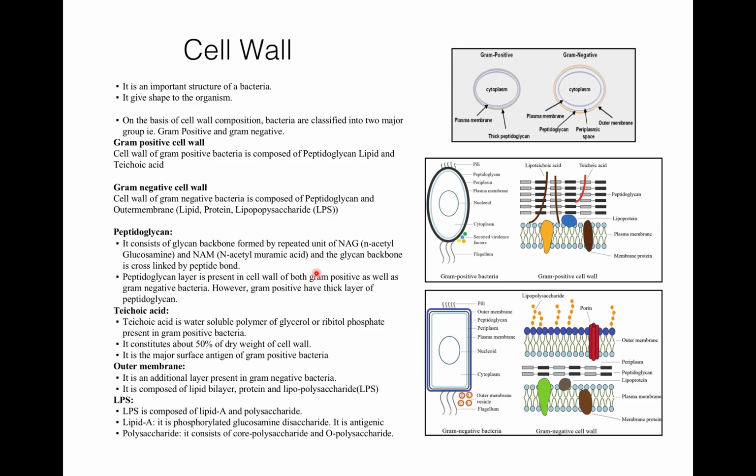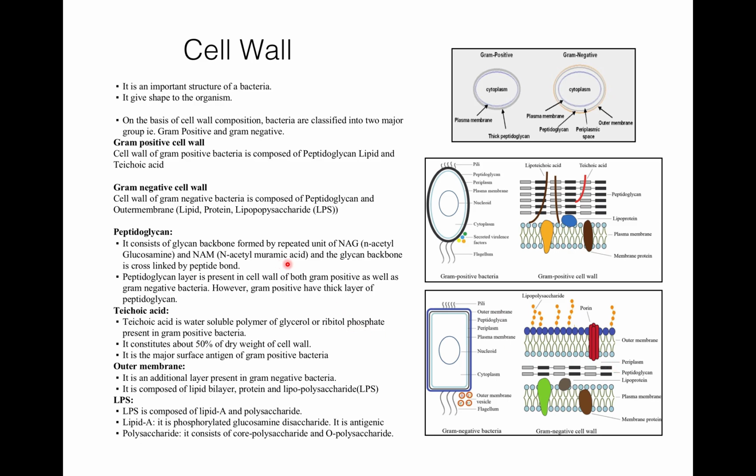Peptidoglycan layer is present in the cell wall of both gram-positive as well as gram-negative bacteria. But in gram-positive bacteria, the peptidoglycan layer is much thicker. So here you can see this is the peptidoglycan layer. It is very thick in gram-positive, but it is very thin in gram-negative. Peptidoglycan is also known as murein.